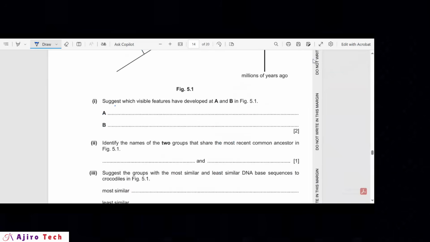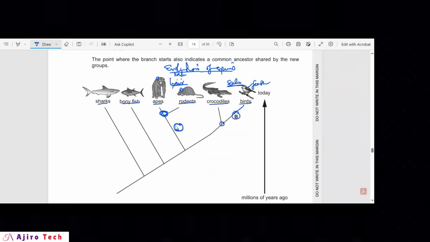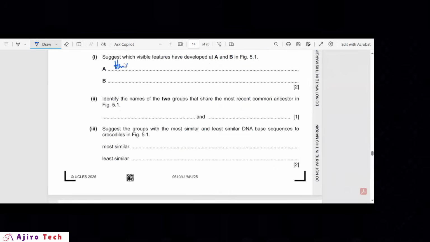So A is what gave rise to these two of them. B is just to this one event. That's why I'm using A. You can see at A, pinna or external hair. Then we have wings, feathers.